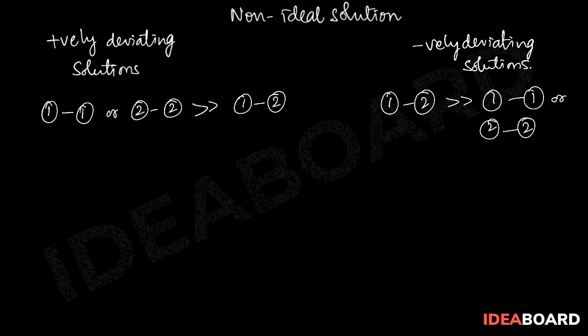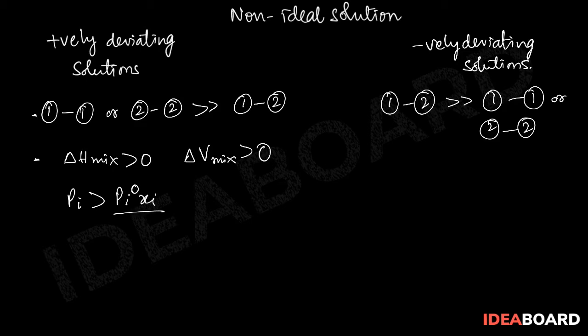As a consequence, what happens in positively deviating solutions is that we have enthalpy of mixing greater than 0, and also delta V mixing will be greater than 0, and as a consequence the partial pressure of the system will be greater than Pi naught into Xi. Actually Pi naught into Xi is the prediction of Raoult's law.